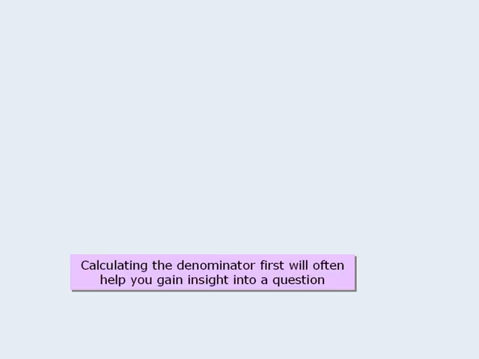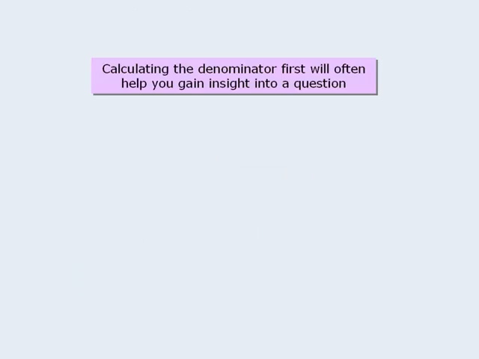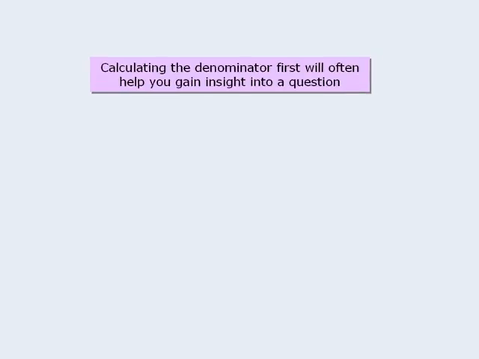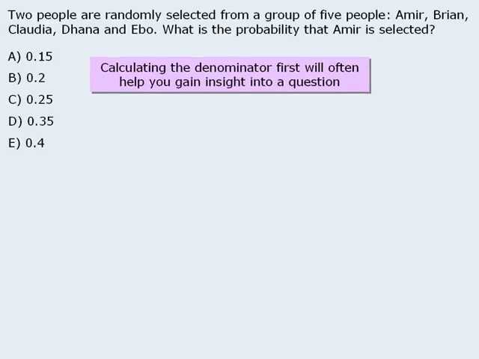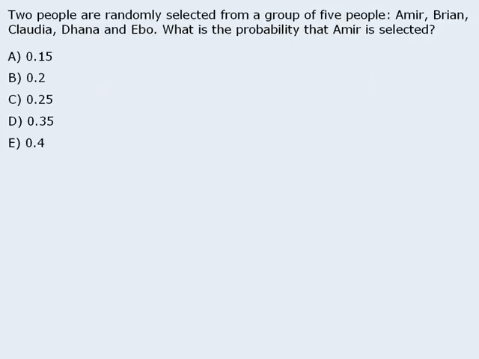Now, I've already mentioned the importance of evaluating the denominator first when tackling probability questions that can be solved using the probability formula. Now let's examine a question that illustrates the utility of this strategy. Here we are randomly selecting 2 people from 5 people, and we want to determine the probability that Amir is selected.